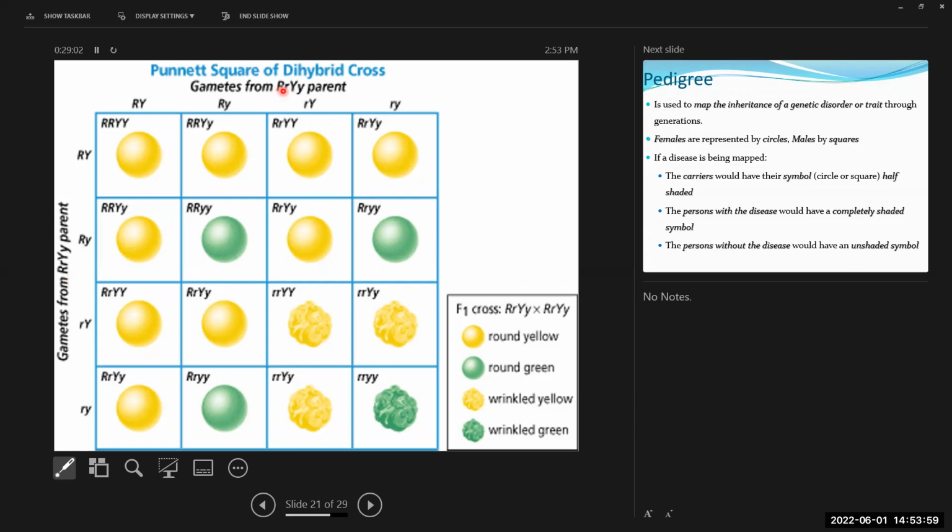For this one, it's two traits you're looking at. So the possible combinations are big R, big Y, big R, small y, small r, big Y, small r, small y. You just write those combinations here, and you do the same thing for the other parent, which will be the male. Then you just join them.